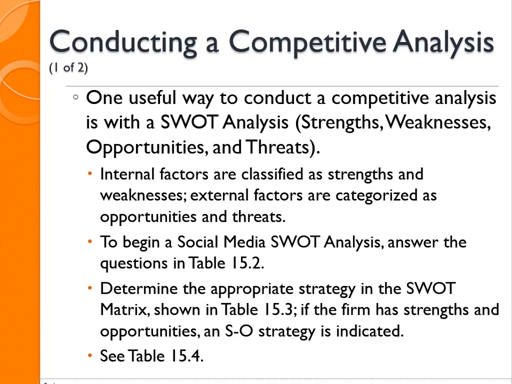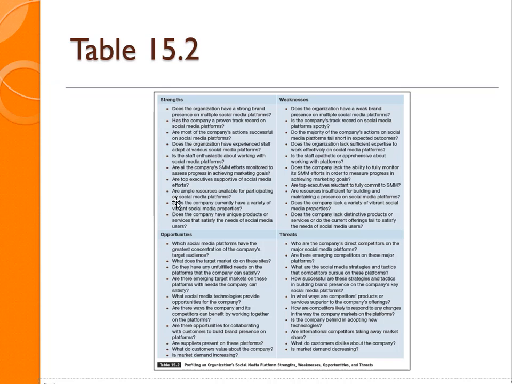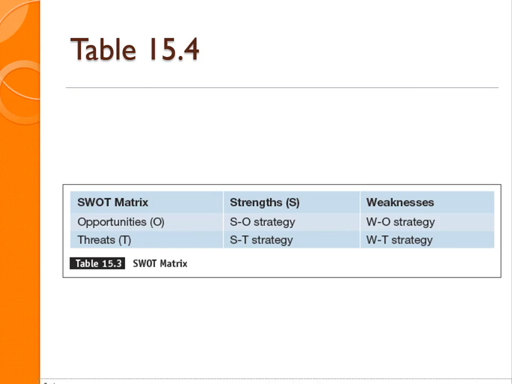So we look at these, you'll see something like this. You might break it down by strengths, weaknesses, opportunities, and threats. Then you'll create a matrix, so opportunities, in terms of strengths and weaknesses that go along with that, and threats in terms of strengths and weaknesses.